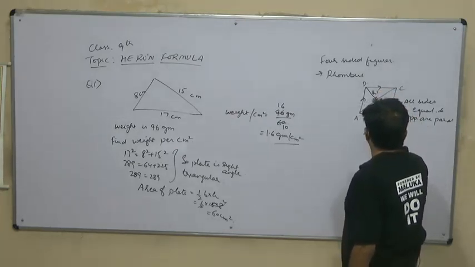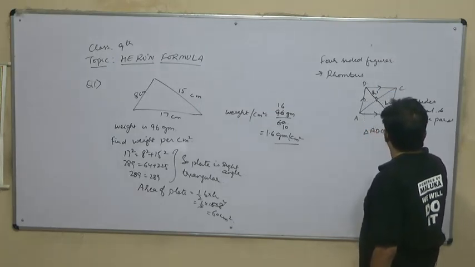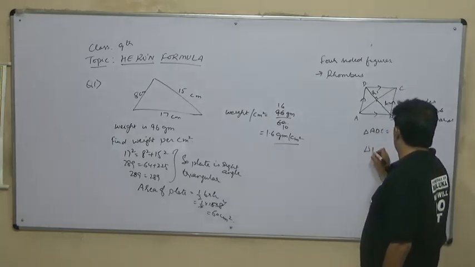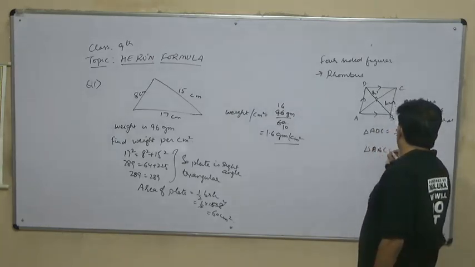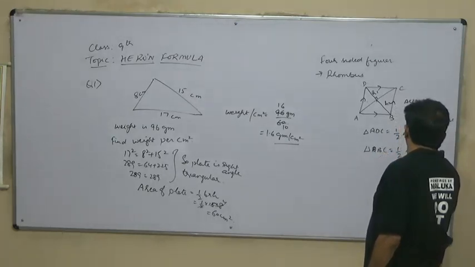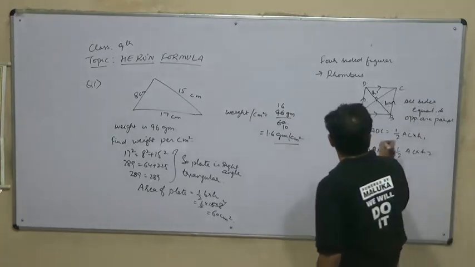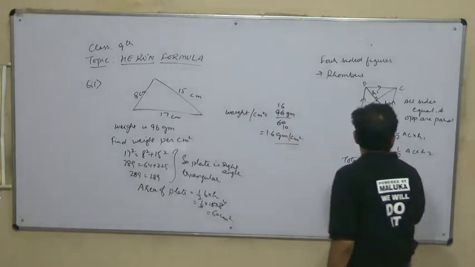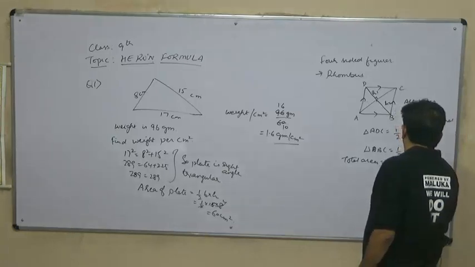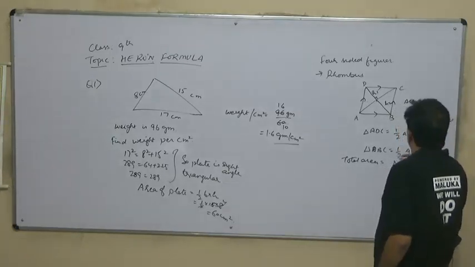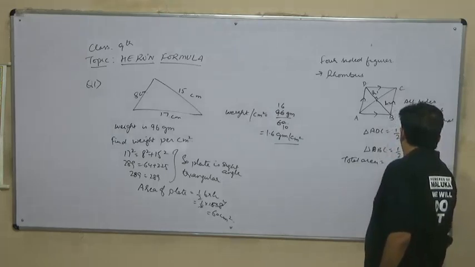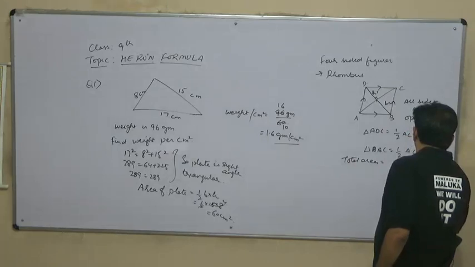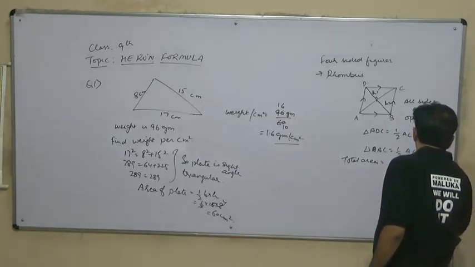Now area of triangle ADC will be equal to half AC into H1, and ABC will be half AC into H2, and total area will be equal to area of triangle ADC plus area of triangle ABC, which will be half AC into H1 plus half AC into H2.